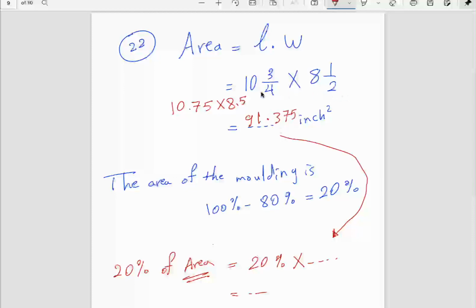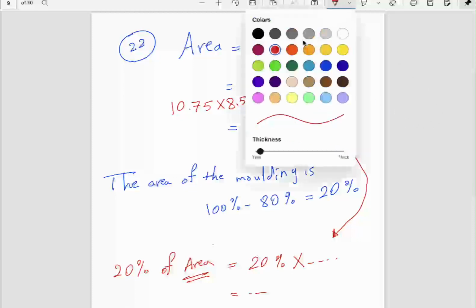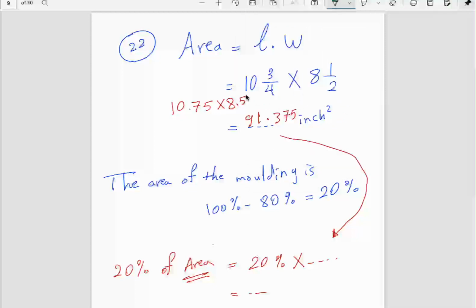If you use fractions, you will multiply 10 times 4 equals 40, plus 3 is 43, times 8 times 2 equals 16, plus 1, 17.